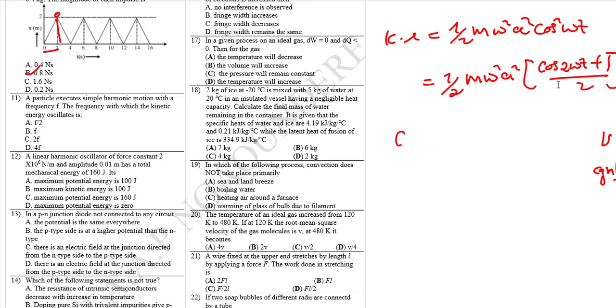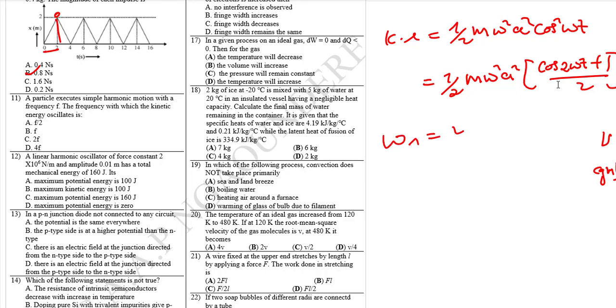Now what do we say about this thing? For the normal oscillator, if y is equal to a sine omega t, this means it is oscillating with f. Now how will the KE behave? In the KE we have cos 2 omega. So what do we realize?